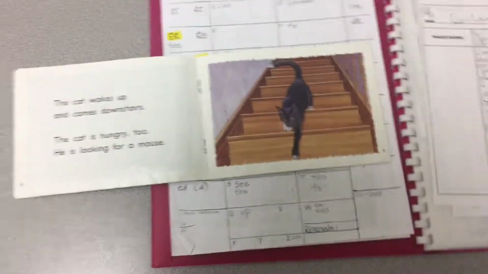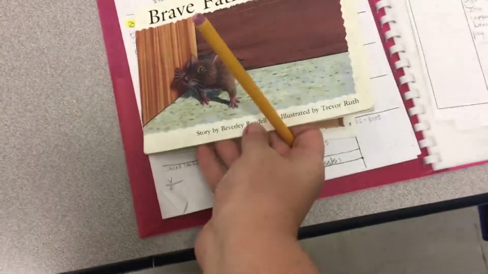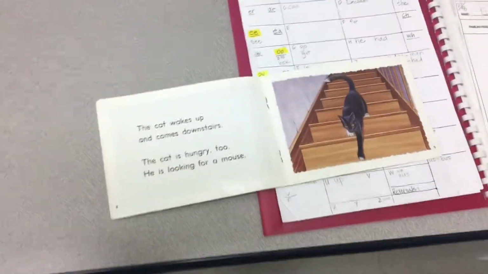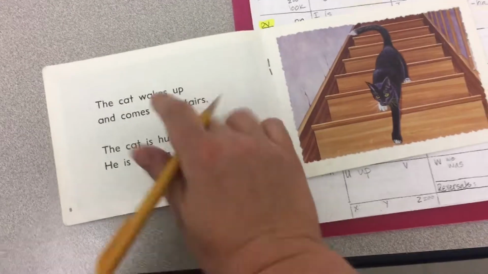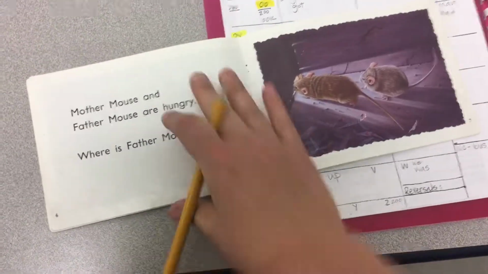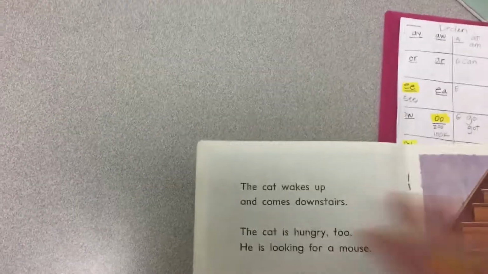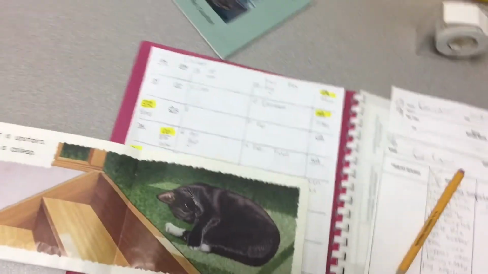Our running record book today is Brave Father Mouse. And so the words I have chosen for onset rhyme breaking are going to be for and the word cat.